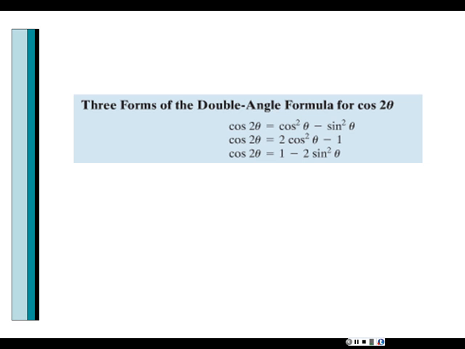Cos squared theta minus 1 plus cos squared theta, which is 2 cos squared theta minus 1. So I'm just trying to show you that nothing is new.